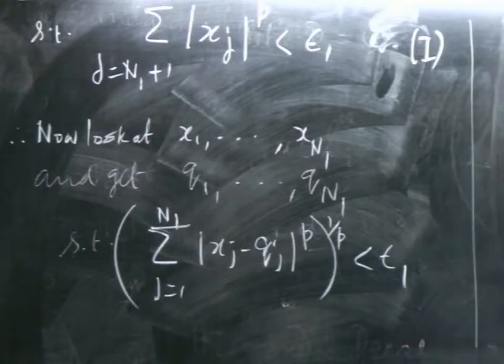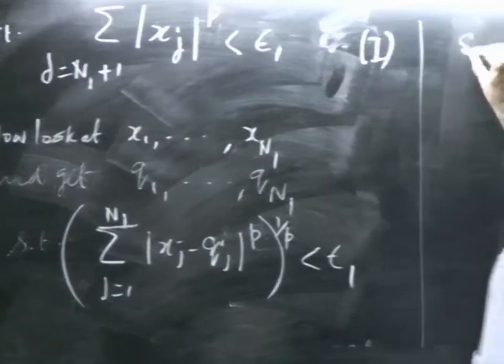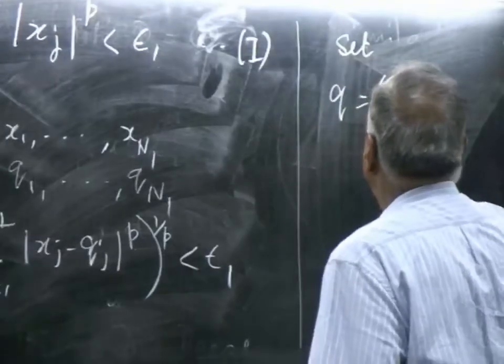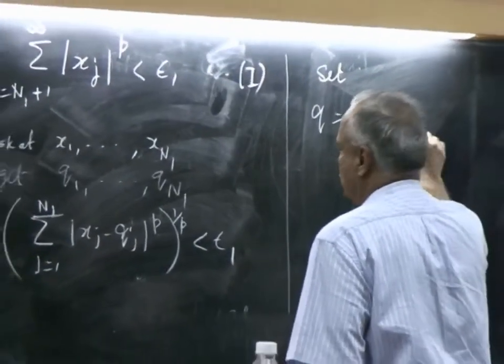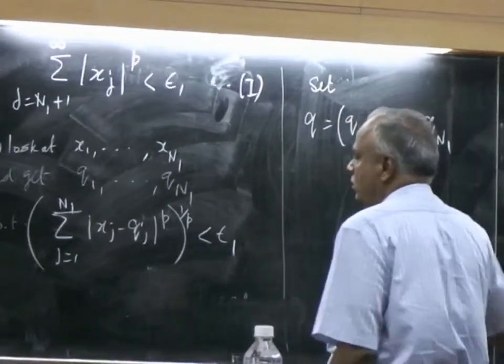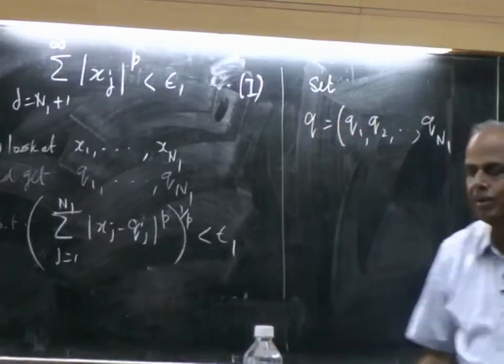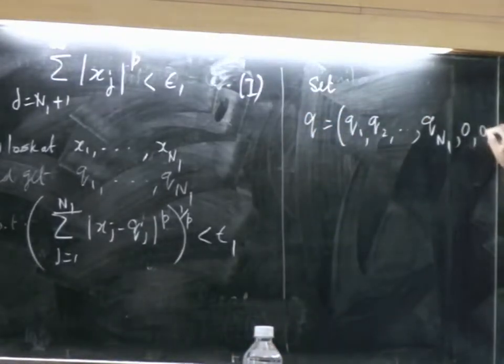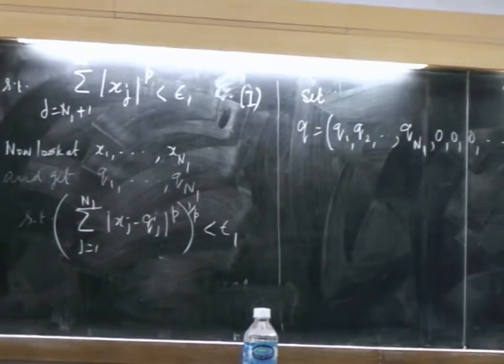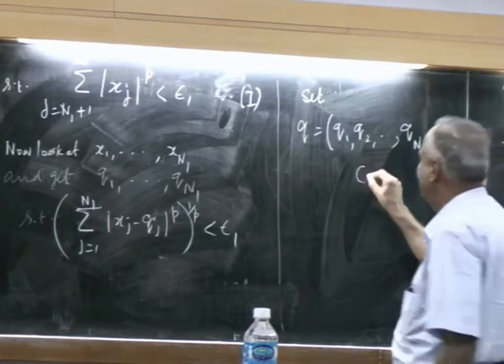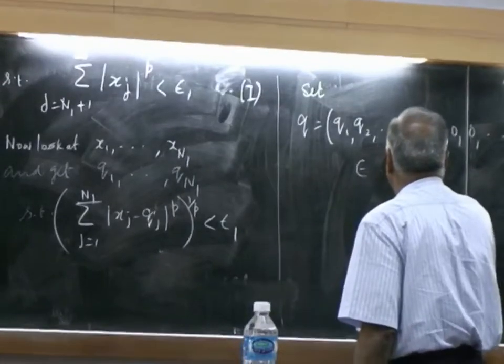Okay, so now what do I get? Now what I do is, I set q equal to q1, q2, ..., qn1, all these q's that I got, and then the remaining things as 0. Right? Is that in l^p r?